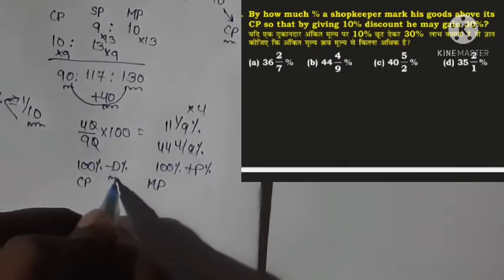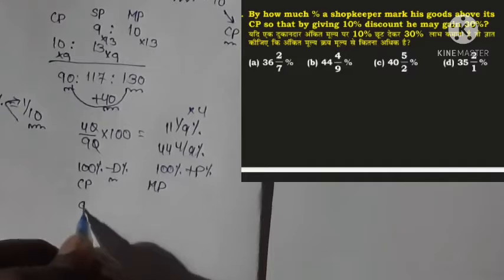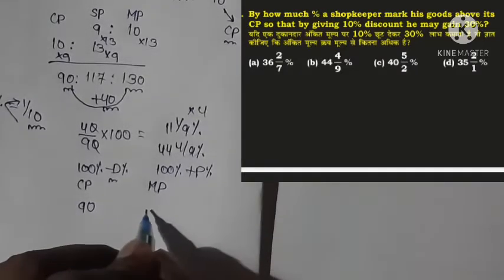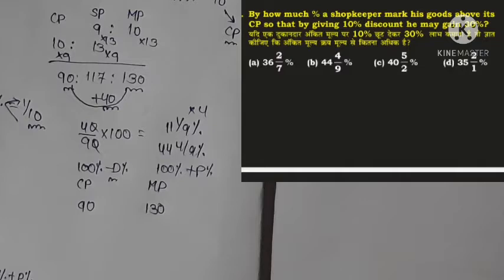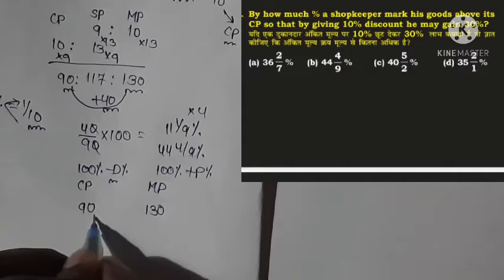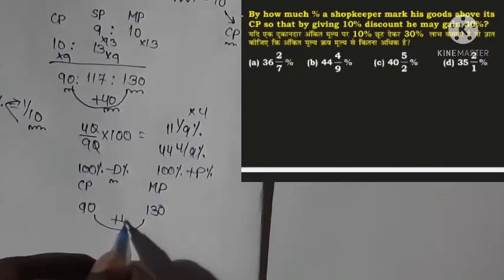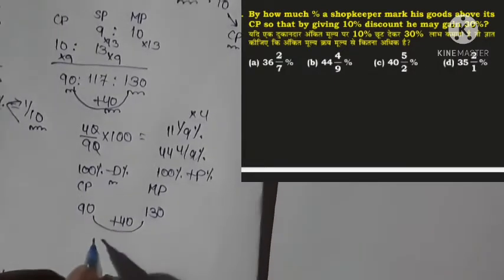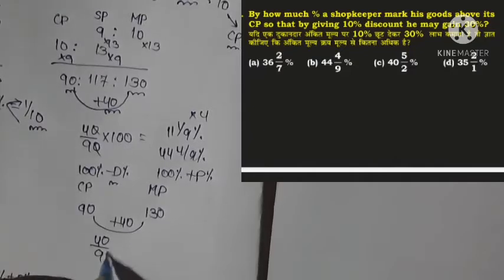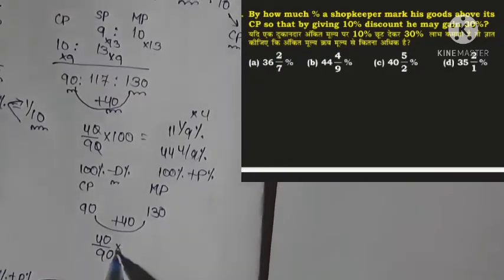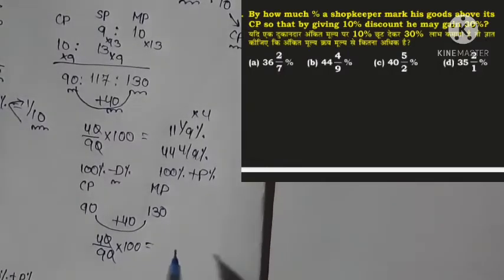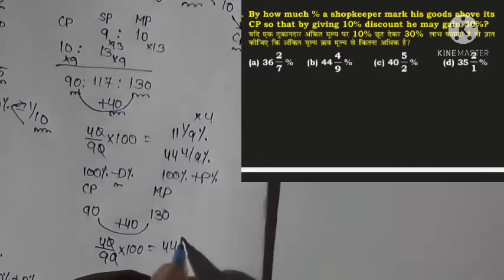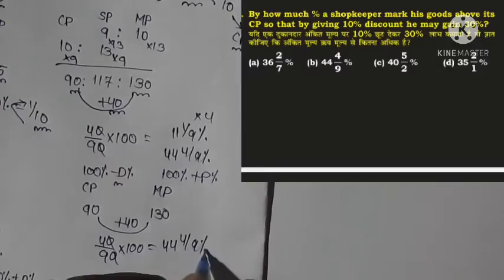The discount is 10%, so the cost price is 90 and the market price is 130. The shopkeeper marks his goods above its CP by 40 for 90. So 40 by 90 into 100. So 0 cancelled. The value is 44 4 by 9 percent.